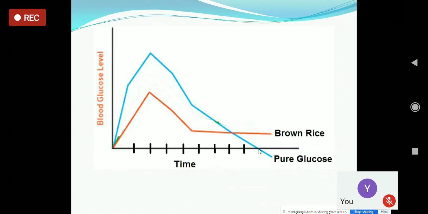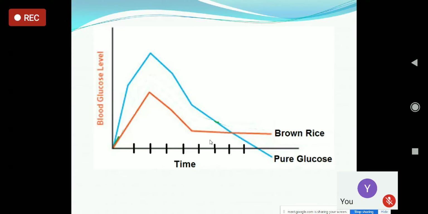After plotting this graph, you measure the area beneath this blue curve. This area will be proportional to the amount of glucose in the bloodstream during this period.